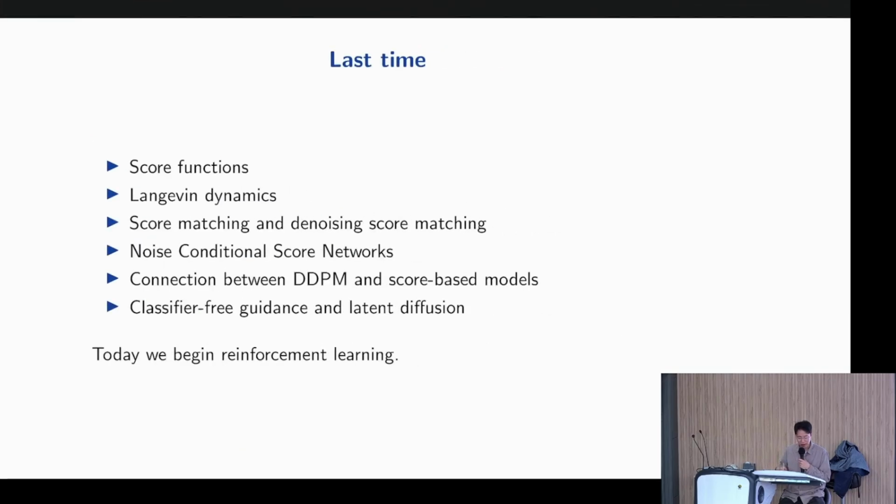And last time we talked about diffusion models and its connections to NCSN and score-based models and connections to SDE and classifier-free guidance. It's basically giving contexts and latent diffusion to make it faster, as opposed to running diffusion steps in the image space. You want to run it in low-dimensional latent space.